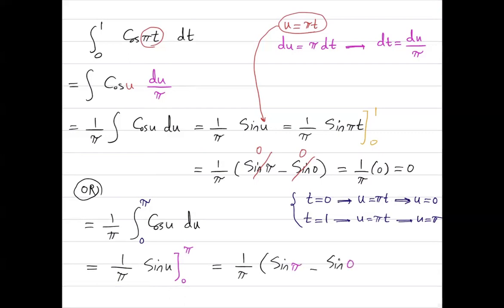But again, it doesn't change the fact that this is 0, this is 0, and the output is 0 as well. So you either resubstitute and write everything in terms of t, or you can leave it with u, but make sure to change the boundaries as well.